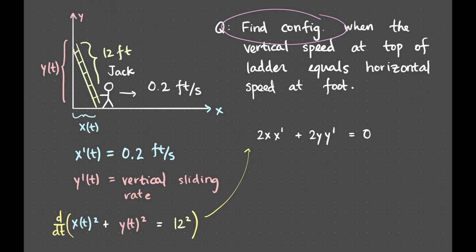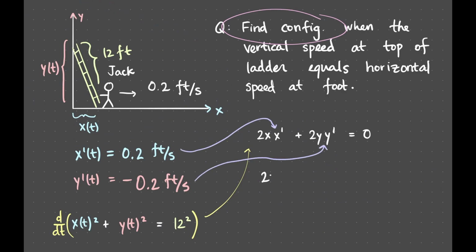Specifically, x prime is equal to 0.2, and y prime is equal to minus 0.2. So we can plug these into the last equation to get 2x times 0.2 plus 2y times minus 0.2 equals 0. Solving for y in terms of x, we find that y equals x.